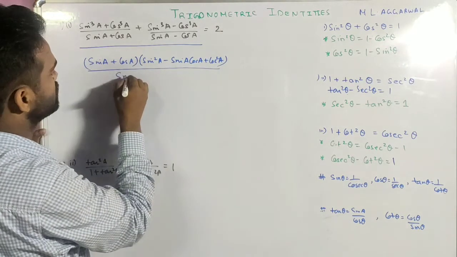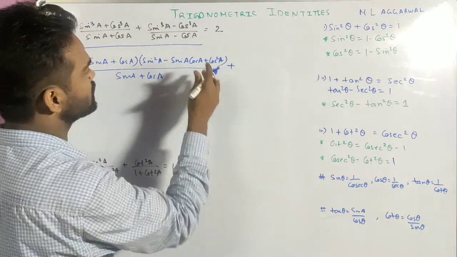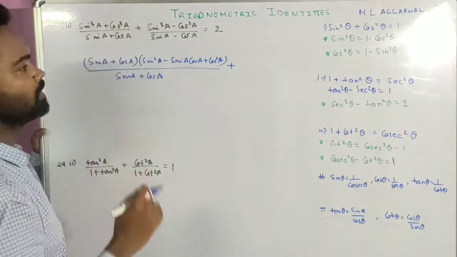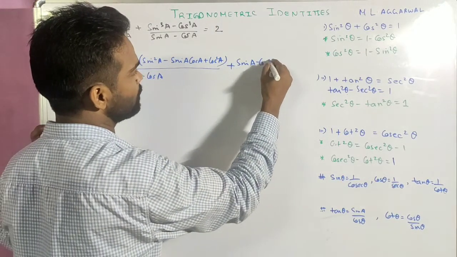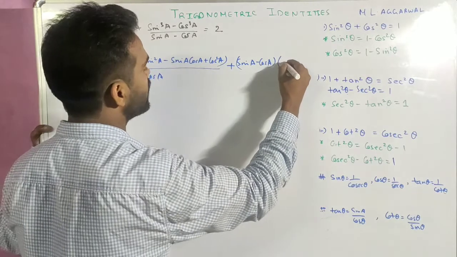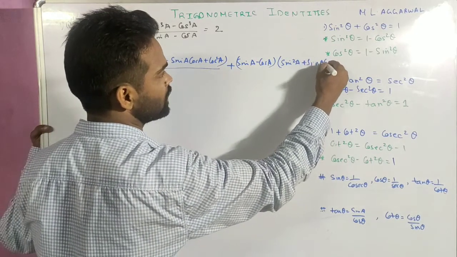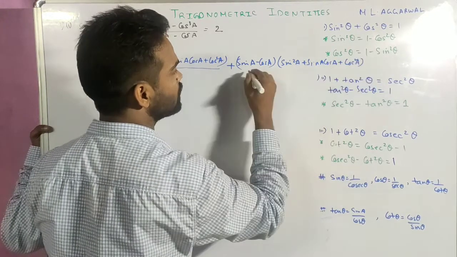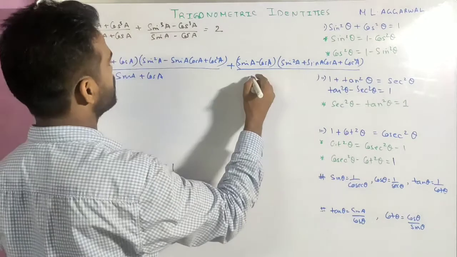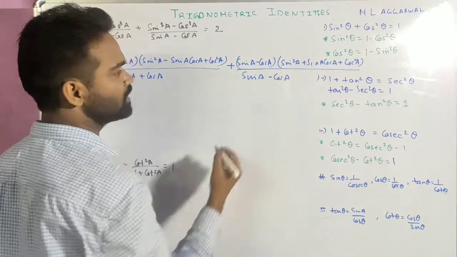By sine A plus cos A, isn't it? Plus, same over here. A cube minus B cube is what? A minus B, A square plus AB plus B square, by, and this is sine A minus cos A, isn't it?